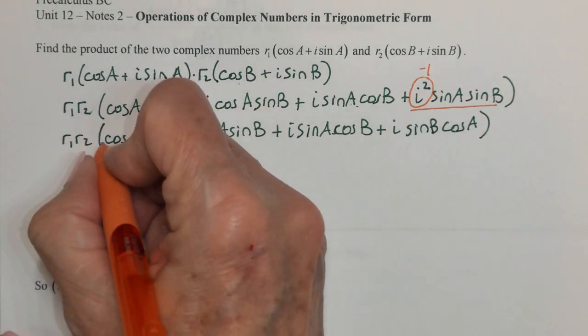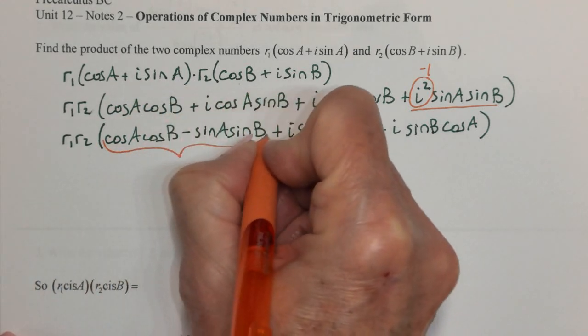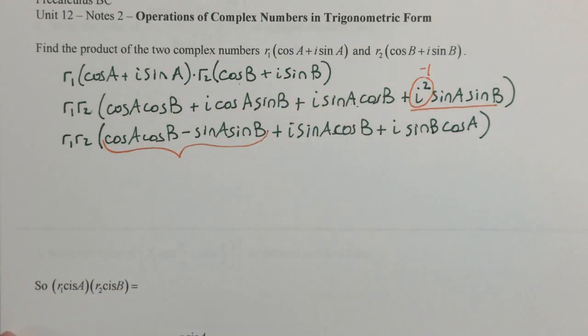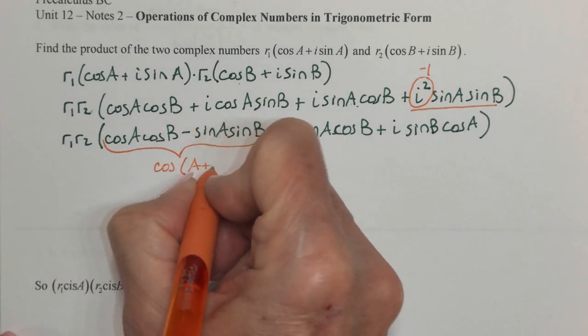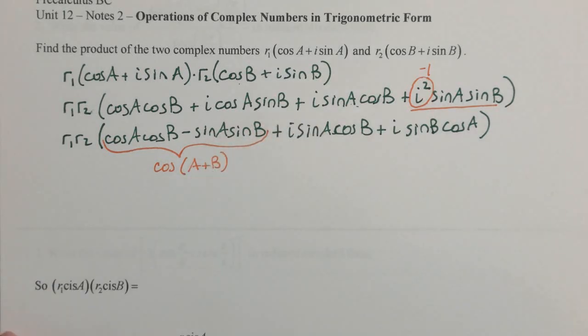Well, I'm hoping that this looks familiar to you right here. Cosine A cosine B minus sine A sine B is cosine of A plus B. That's that one formula that I needed you to know a couple of units ago. All right.